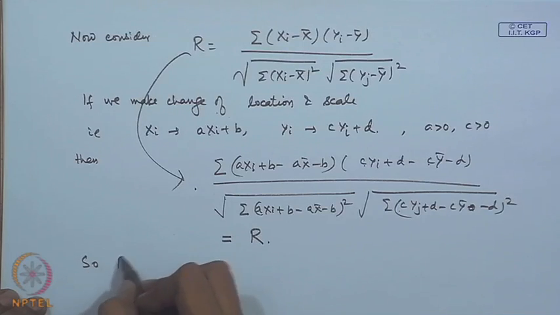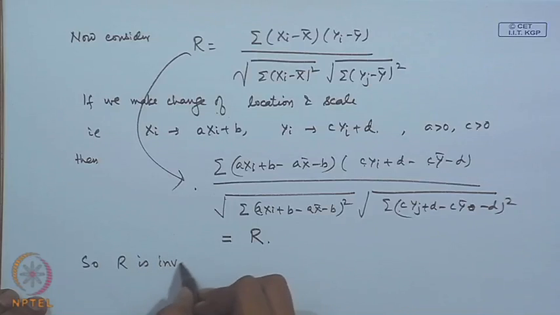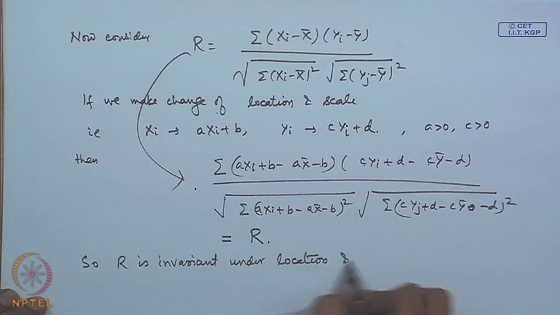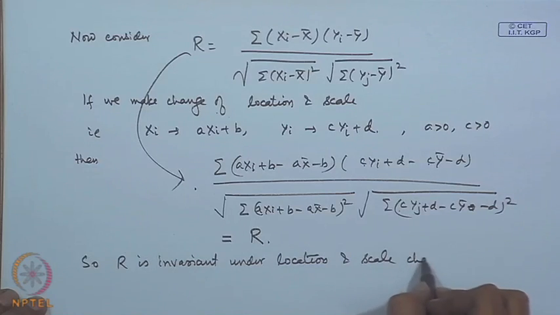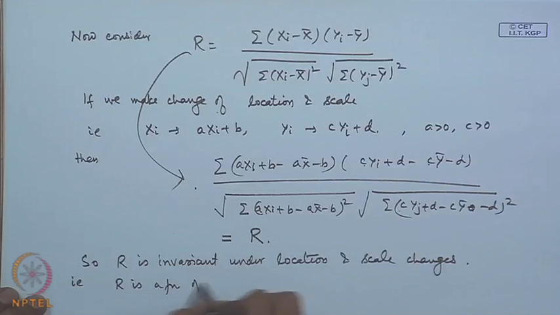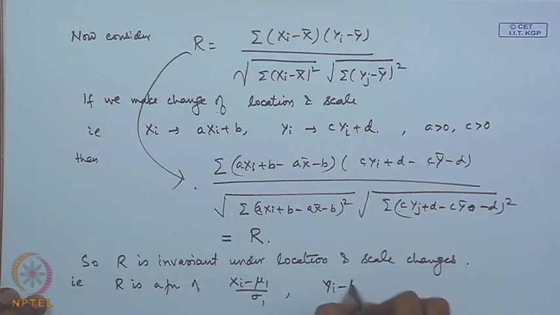So, R is invariant under location and scale changes. That means, R is a function of x i minus mu 1 by sigma 1, y i minus mu 2 by sigma 2 for i is equal to 1 to n.